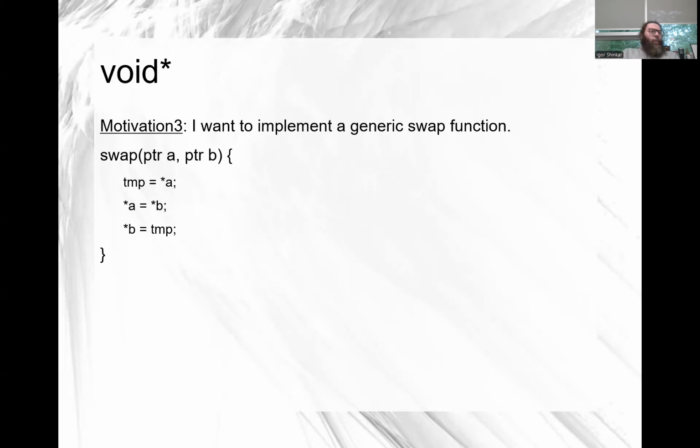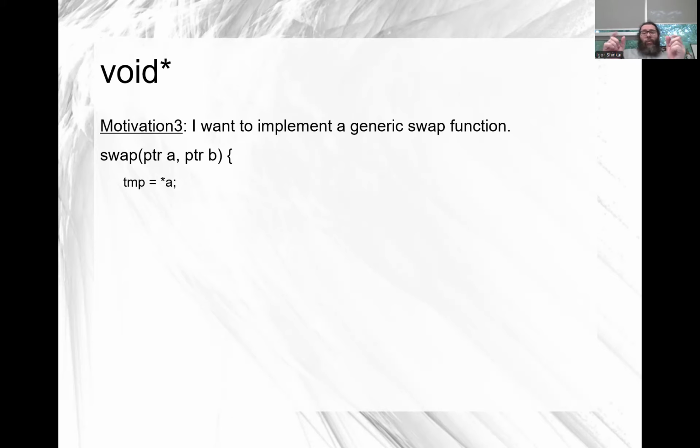And the third example is, again, think of it as an array, and I want to swap two numbers or two objects, two elements in my array, except that I don't know the types of my objects. Maybe it's an array of ints, so I need to swap 4 bytes here to 4 bytes there.